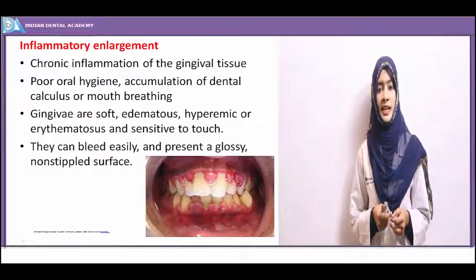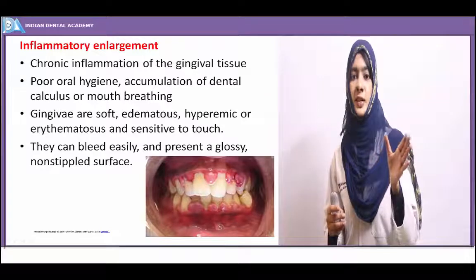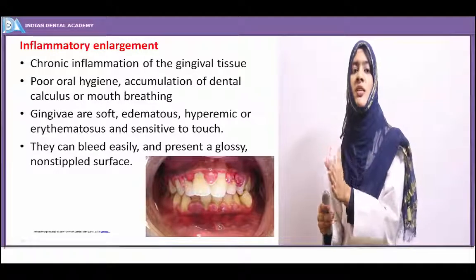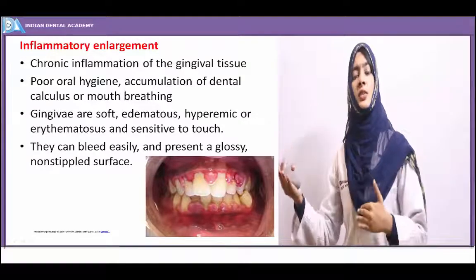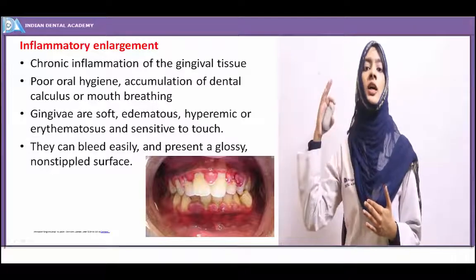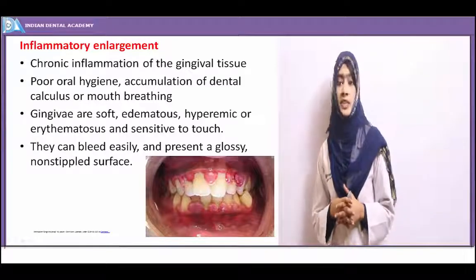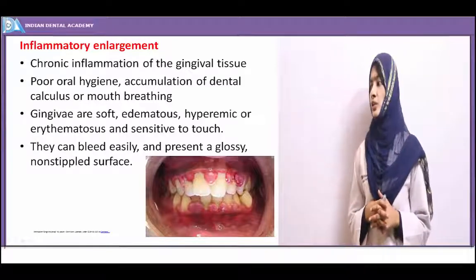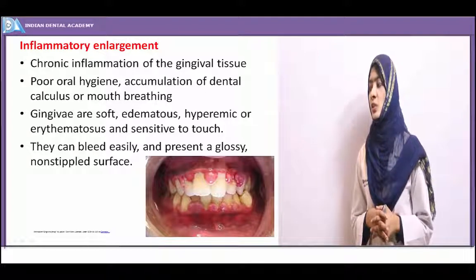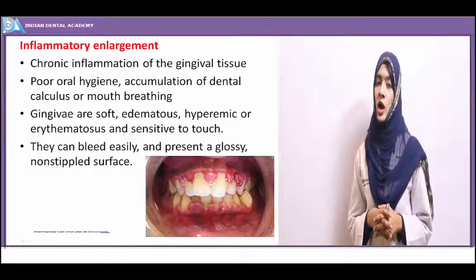Okay, inflammatory enlargement. As we always know, once the marginal gingivitis begins, it proceeds to chronic gingivitis, and in extreme cases it goes to chronic hyperplastic gingivitis, and ultimately chronic gingival enlargement occurs. It begins with the gingivitis only. So etiological factors include poor oral hygiene, accumulation of dental calculus or mouth breathing.